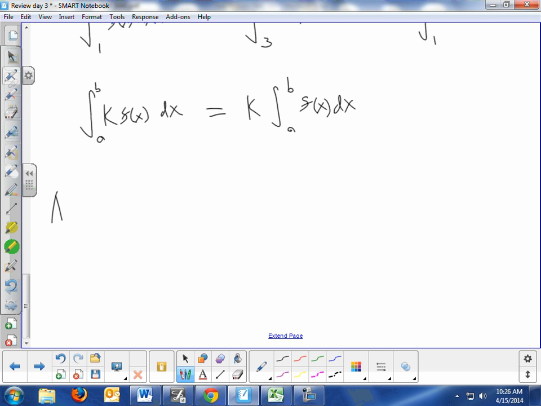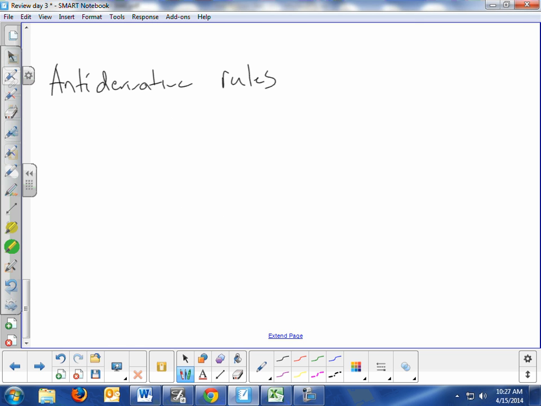All right, antiderivative rules. There's not many because antiderivatives are a boatload harder than derivatives. And we really can't take the antiderivative of anything we want to. So we just have a couple.